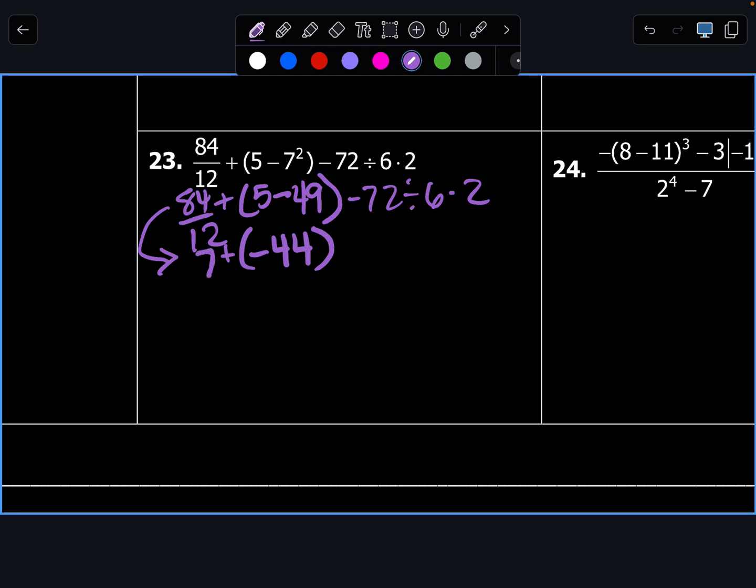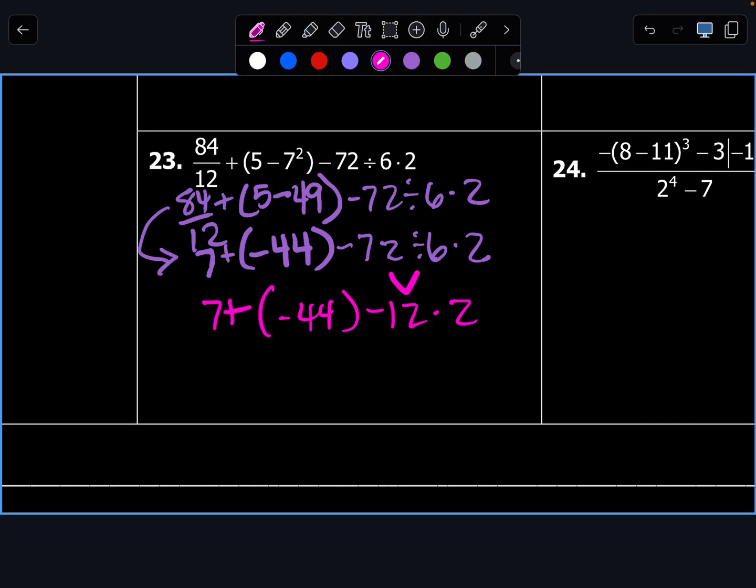7 plus, and then I'm going to move down minus 72 divided by 6 times 2. Okay, what's next? Which is 12. Yep, negative 12 times 2. We go negative 44. 7 plus. All right, what's next?